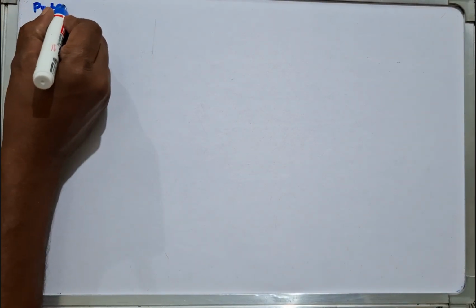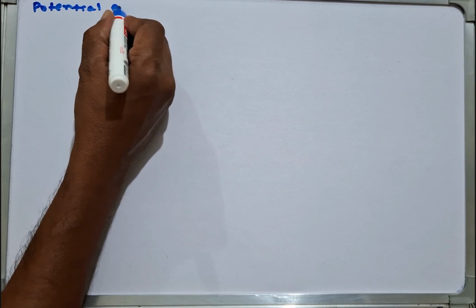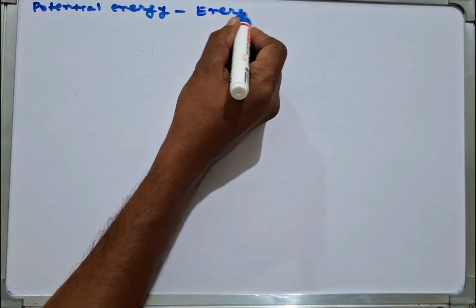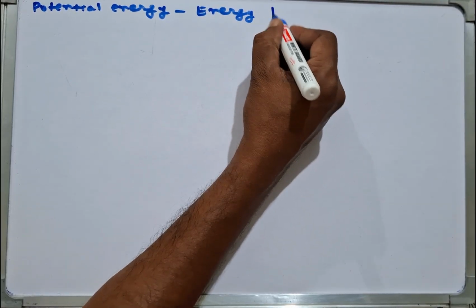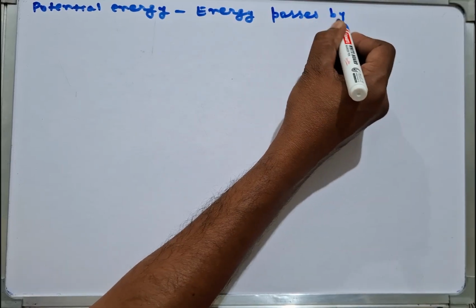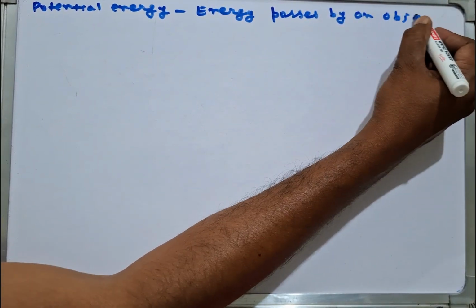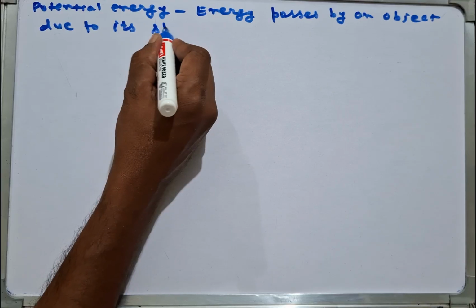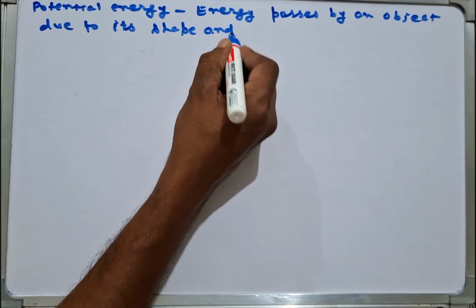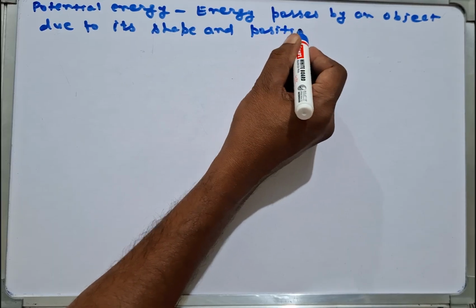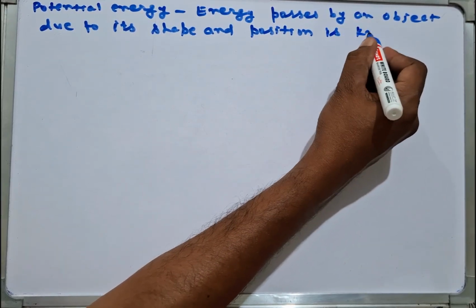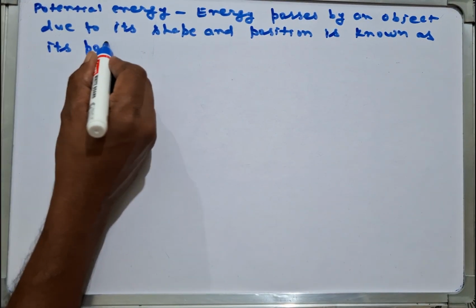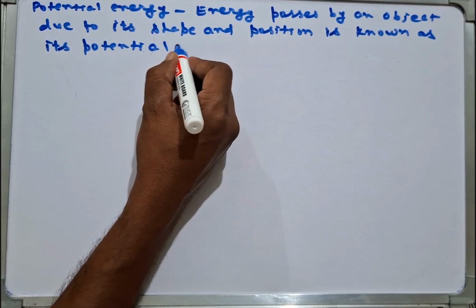So potential energy possessed by an object due to its shape and position is known as its potential energy.